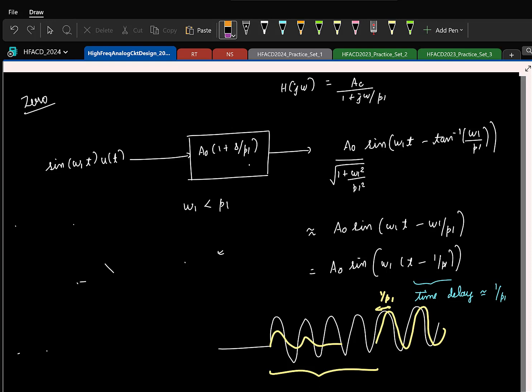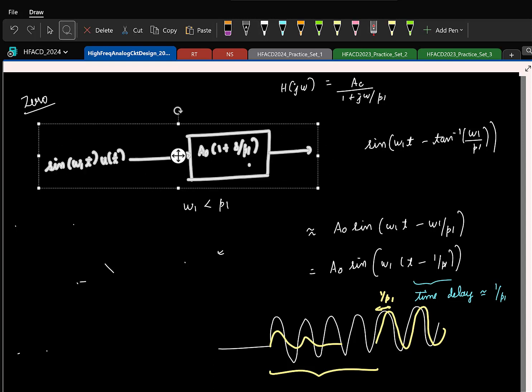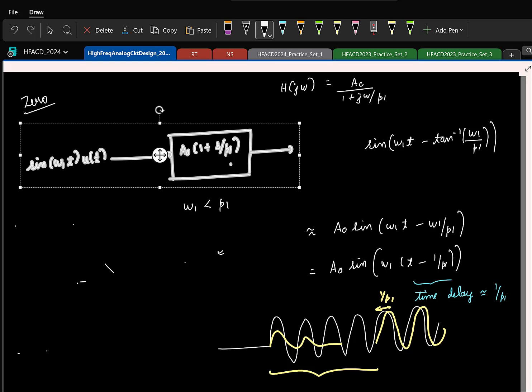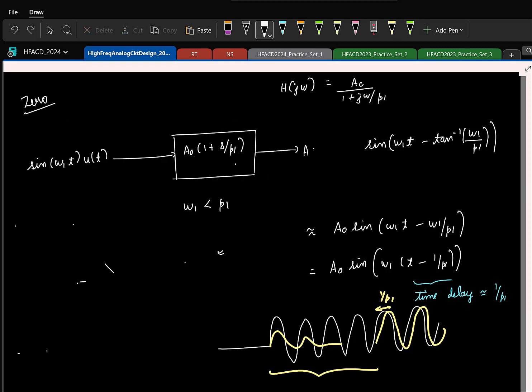If I do this, what will happen to the steady state amplitude? This is the system. What is the sinusoidal magnitude in steady state? Yeah, so it's A0 into same thing. And what happens to the phase?